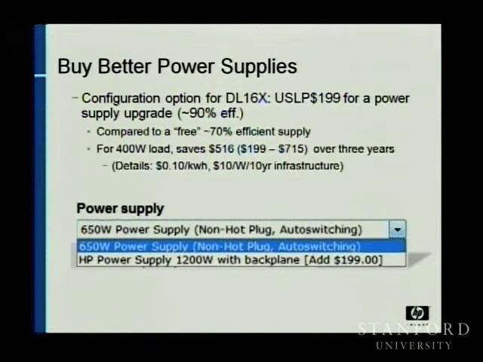So I used the numbers from Luiz Barroso's paper from Google just to say, okay, for a 400-watt load, which would be a typical high-performance computing class server, you would save $500 over the 3-year life of that server if you spend the extra $200 up front. So your net savings would be $500. Many customers will not buy that option because it changes the initial purchase price the wrong way.